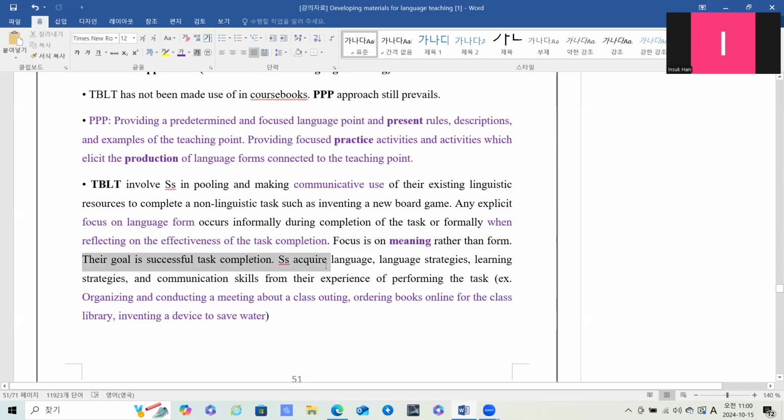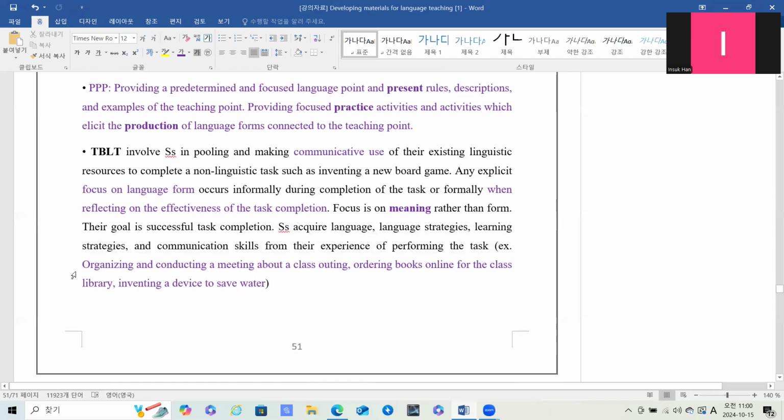So students acquire language strategies, learning strategies, and communication skills from their experience of performing the task. Sometimes the teachers can have their students learn about the principles of language learning strategies or communication skills at the beginning of the lesson, that is, before starting to do their tasks.